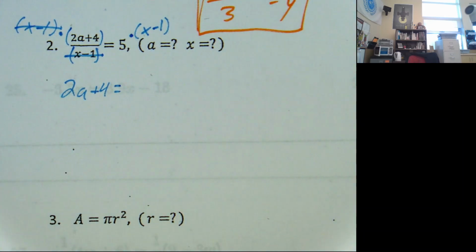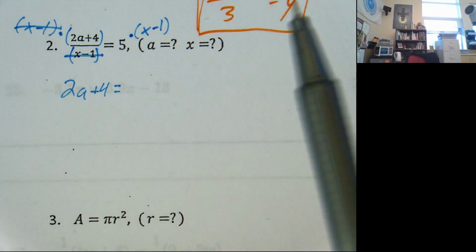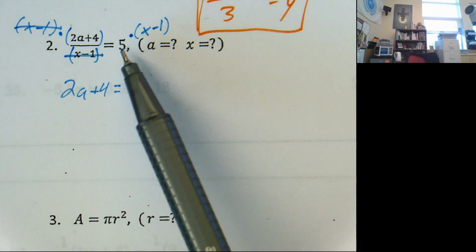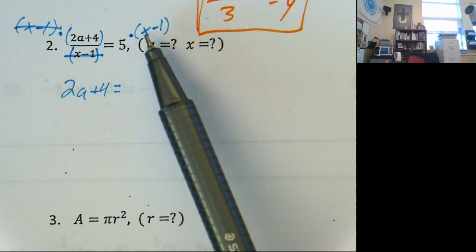Now, there will be those of you sitting out there who will say we could divide here by 5. While that is true, to keep things consistent, and in my experience to prevent the greatest amount of mistakes, actually, we don't want to divide by 5 because we're not isolating for x.